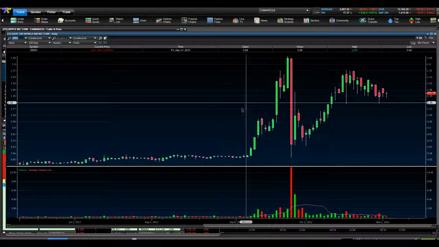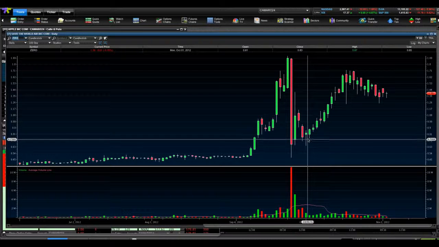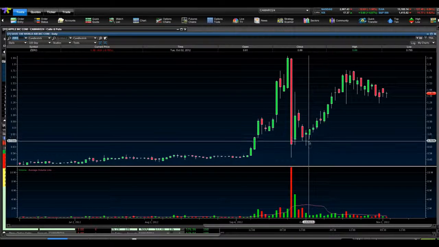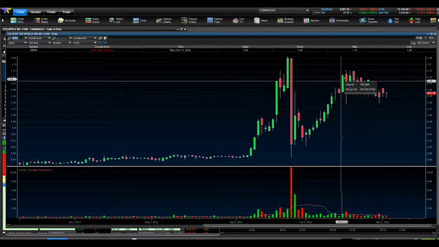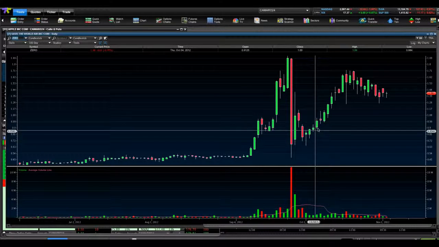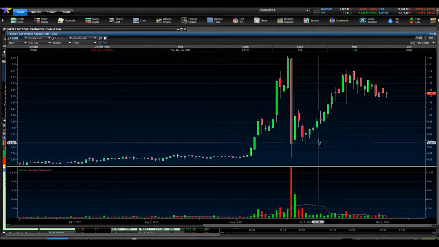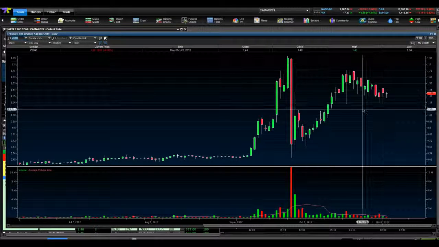Okay. Here's another one. This one's very exaggerated, but this is a bull flag nonetheless. This is your flagpole. Notice how it's not vertical like that first one I showed you, but this is a very bullish pattern. Buying zero down here is actually a pretty good idea because it's probably going to rip higher again.